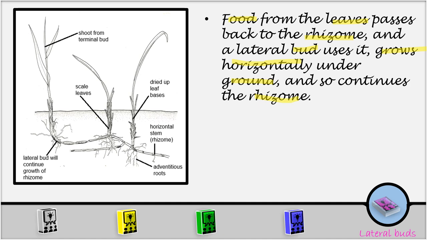So when we have food manufactured from up, it will be sent down into the rhizome. Now the rhizome is going to use this food for the lateral buds and also for the continuation of the rhizome.